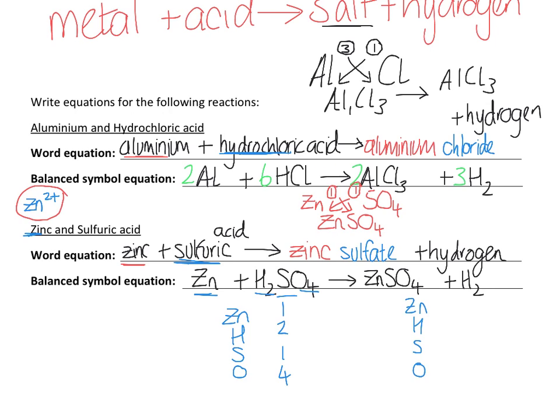On the right hand side I have 1 zinc, 2 hydrogens, 1 sulfur, 4 oxygens. And so my lists match, and that means that my equation is balanced. So we don't need to make any changes to it. It's just Zn plus H2SO4 gives me ZnSO4 plus H2.